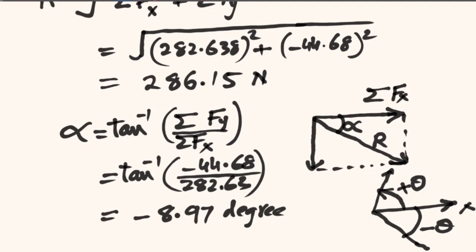Okay, so now you have seen that in all these systematic steps we can easily calculate the resultant of these concurrent coplanar forces. So in this lecture, what we have learned? We learned how to determine the resultant of coplanar concurrent forces.